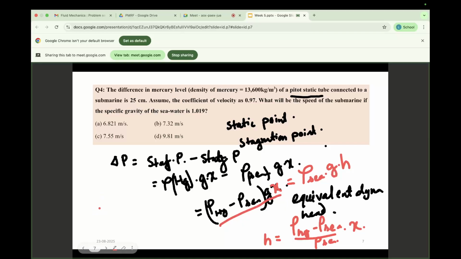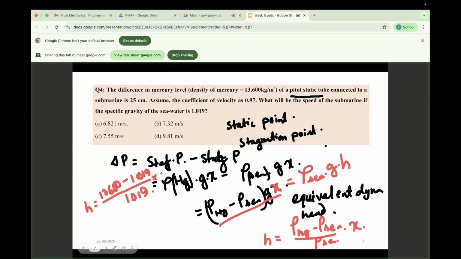Okay, so for mercury I know the rho value, that is 13600. Then for C, the specific gravity is given, this into 1000 will give me the density, that means 1019 below, into x.